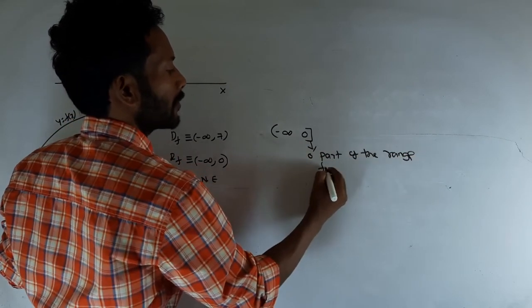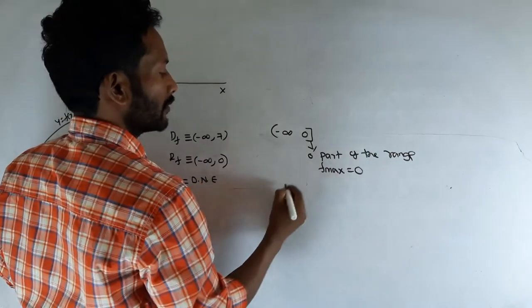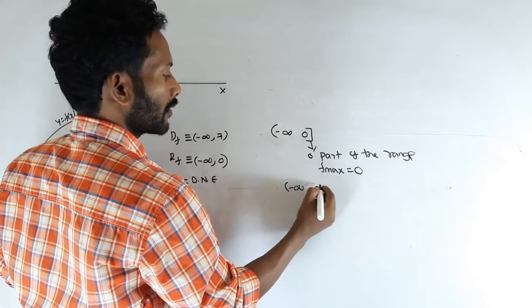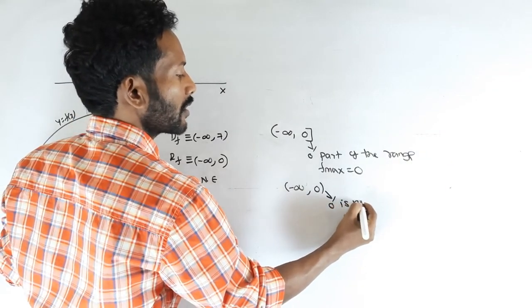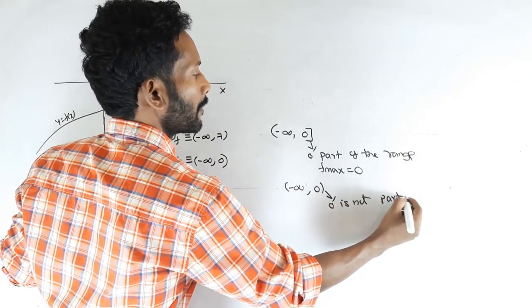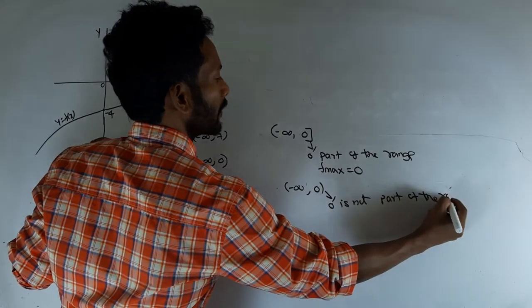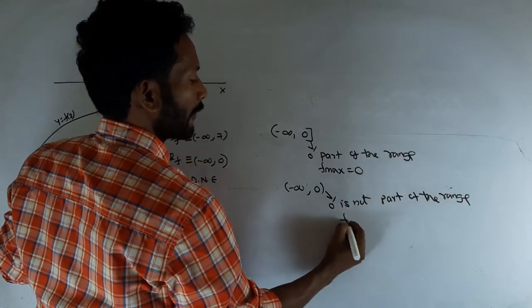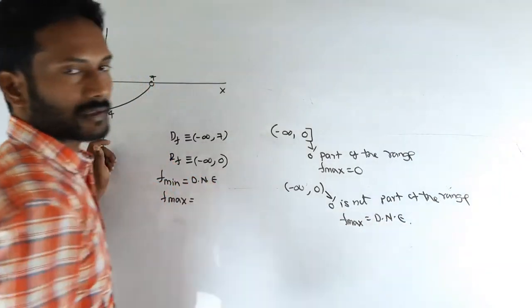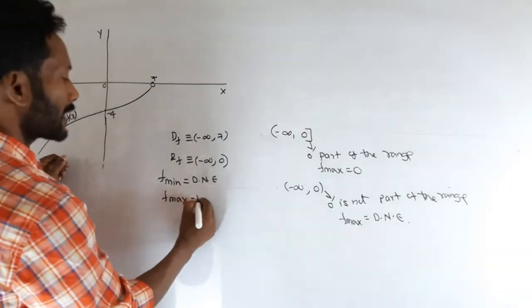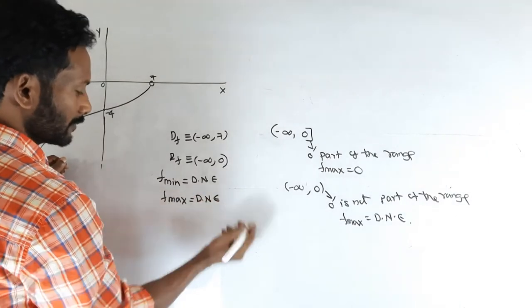So f maximum is 0. Open interval means 0 is not part of the range. So here f maximum does not exist.